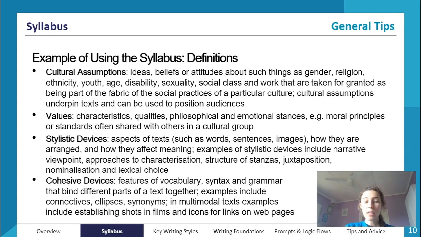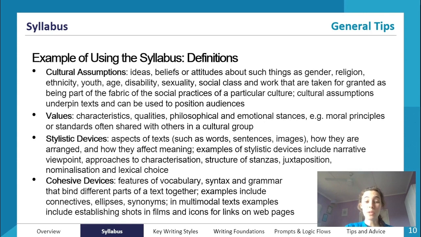So by reading this, if you didn't understand what it meant by cohesive devices in the marking rubric, then you can really easily go to the glossary and see that an ellipsis, for example, is an example of a cohesive device. So an ellipsis is ... So if you're writing a short story and you have ... somewhere, then that is actually an example of a cohesive device.